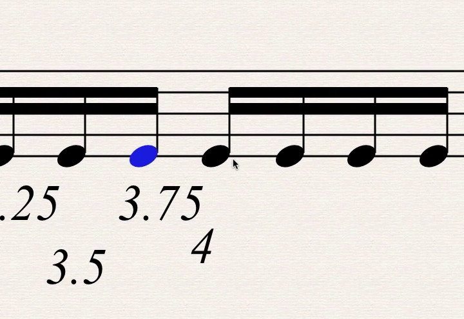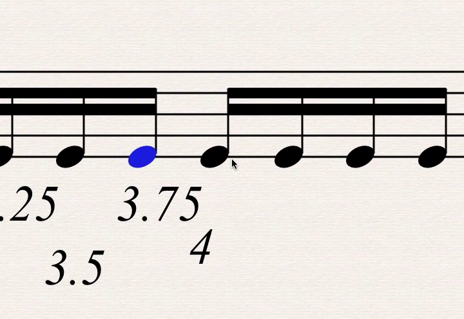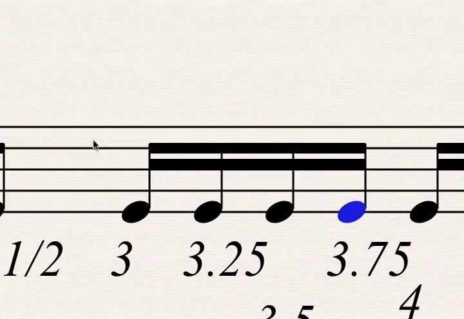So if this is your beat, this would be the quarter note. Bop, bop, bop, bop. Your 8th note. Bop, bop, bop, bop, bop, bop, bop, bop. 16th. So that's the idea of that.